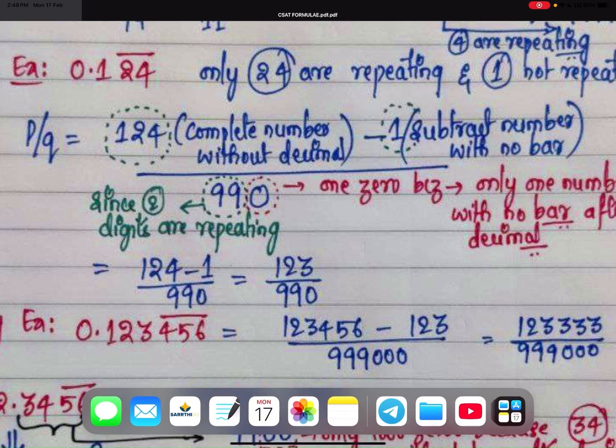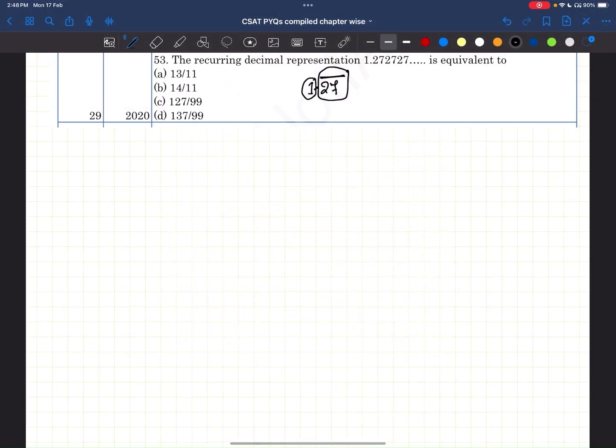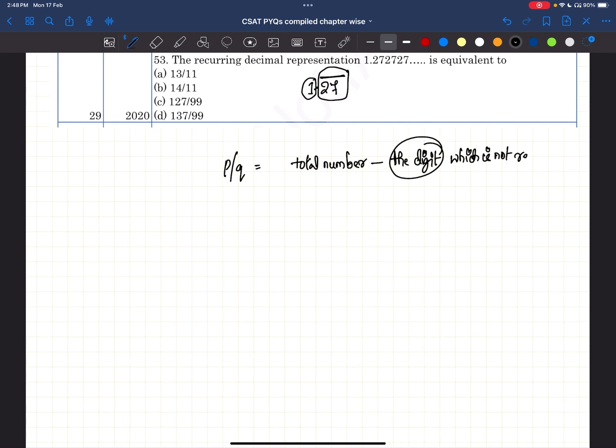So we'll go to the question. What is the formula here? For p by q form, we'll write the total number without decimal minus the digit which is not repeating. This we have to write from the question.